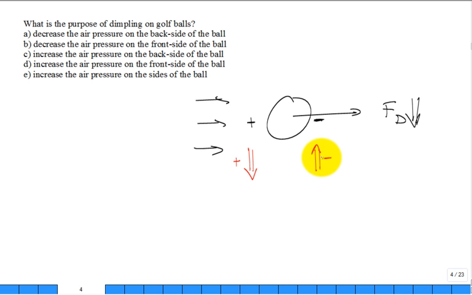Wouldn't that do it? But it seems funny that you're increasing the low pressure in the back. But that's what you're doing. True? Okay. So the best answer would be increasing the air pressure on the backside. If you decrease the pressure, it would make it worse on the backside. True? Yeah.